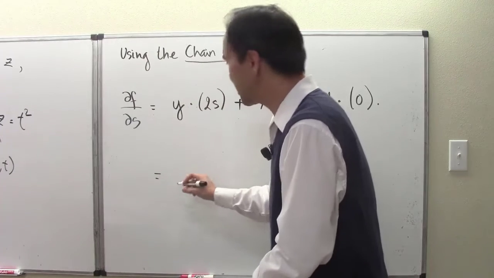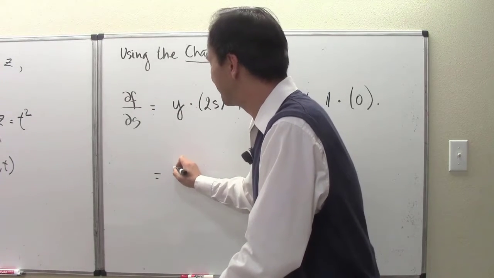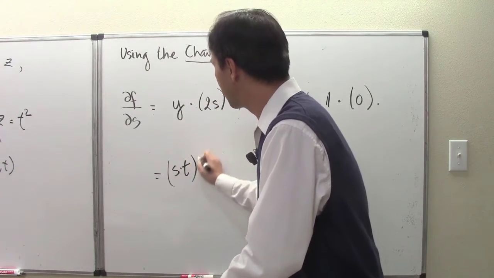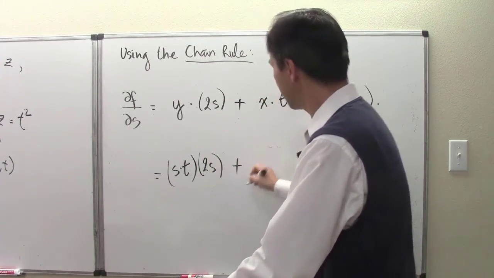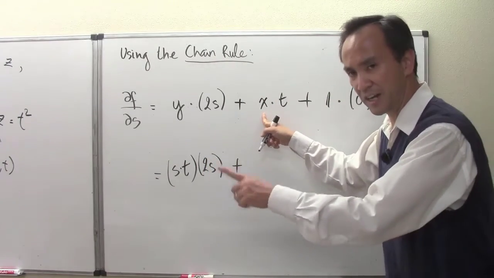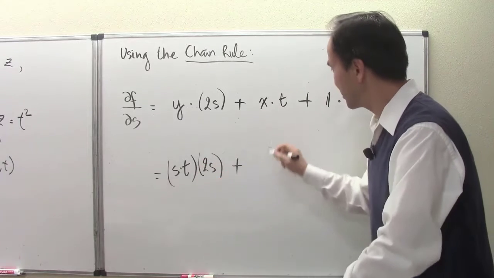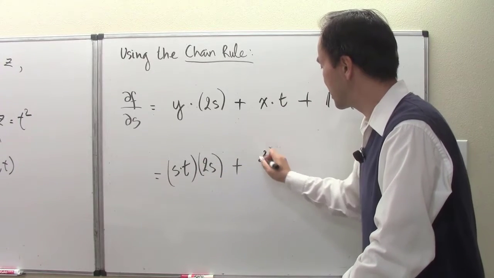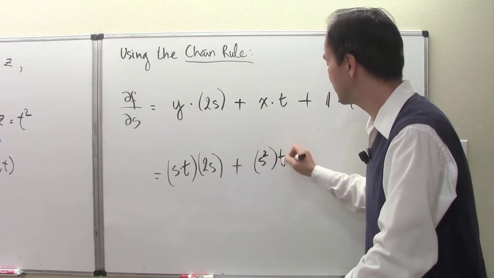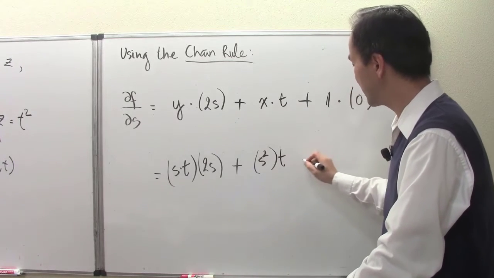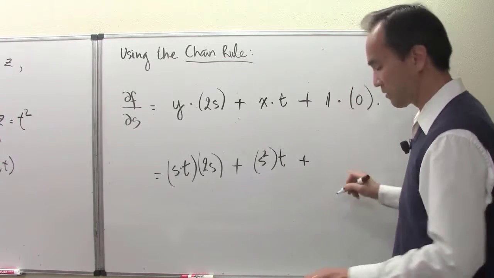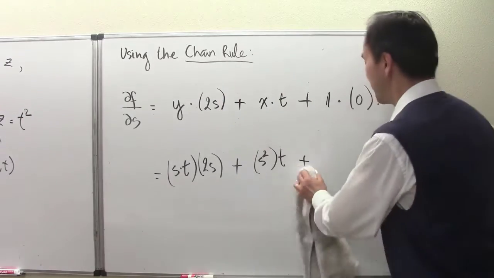So y is s times t, so s times t times 2s, plus, and similarly, x was defined explicitly as s squared, so here I'm looking at s squared times t. No one can argue about that. And then all that here is 0, so I don't need that final term.